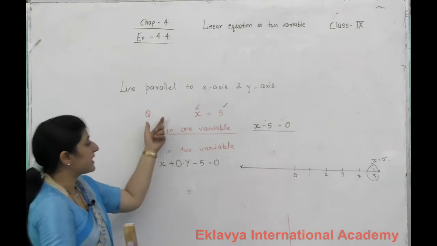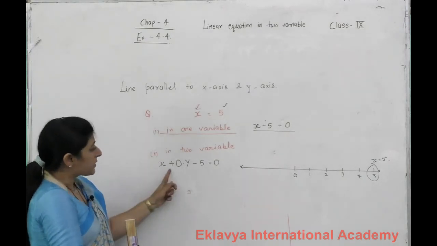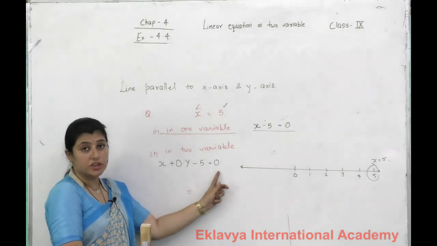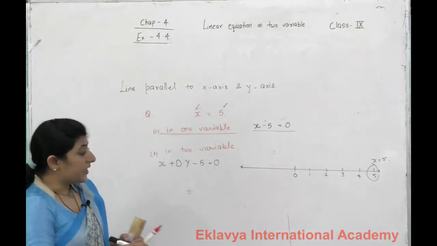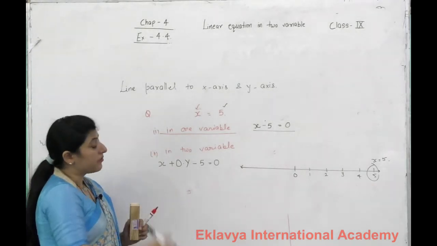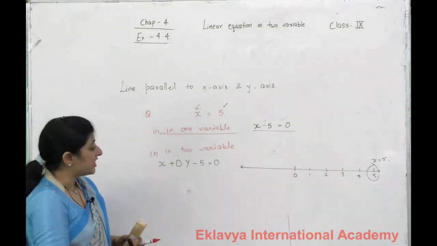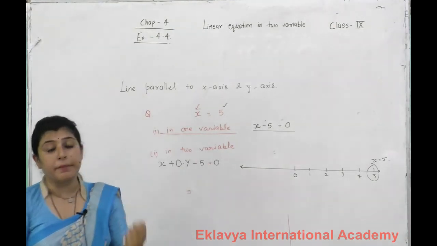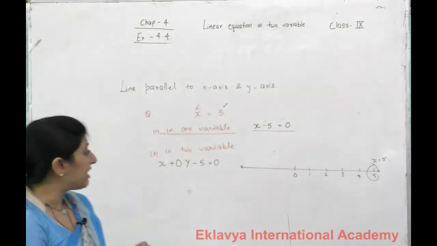So in two variables it is x plus 0 dot y minus 5 is equal to 0. But if we want to take the solutions and represent them in the Cartesian plane, we are taking two variables, so obviously we will represent it on the Cartesian plane.